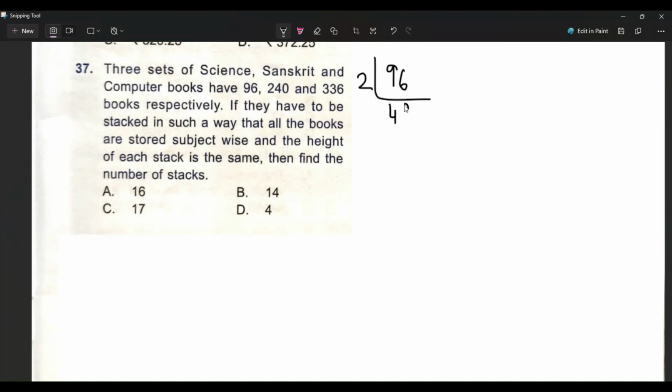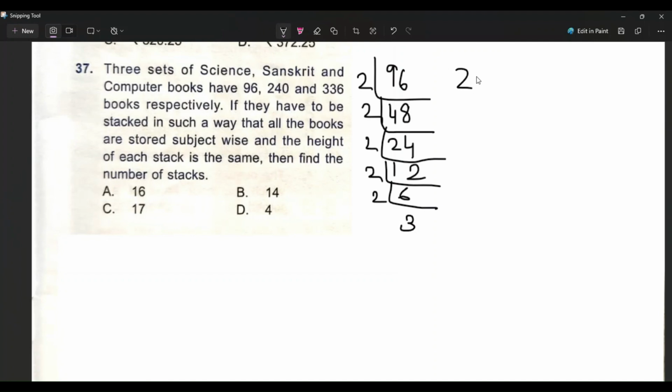2 4s are 8, 2 8s are 16, 2 2s are 4, 2 4s are 8, 2 1s are 2, 2 2s are 4, so 2 6s are 12, 2 3s are 6.